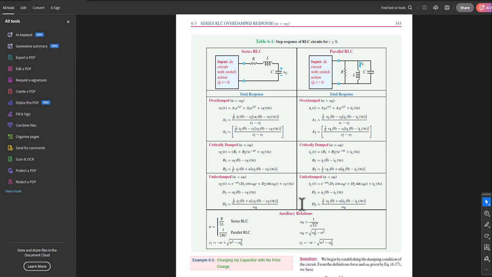That is all fine, as long as you can get it to look like a series RLC or a parallel RLC, and you notice there are no sources in this, or your input is a DC circuit with a switch action at t equals 0. So it's just a DC.